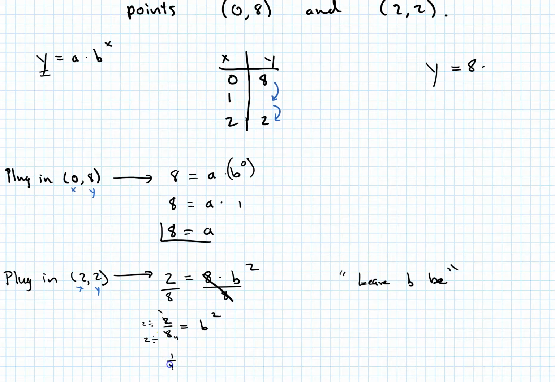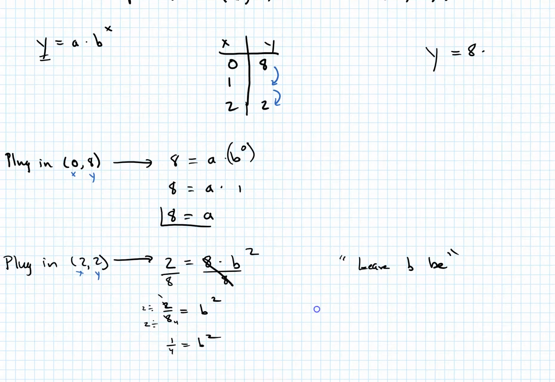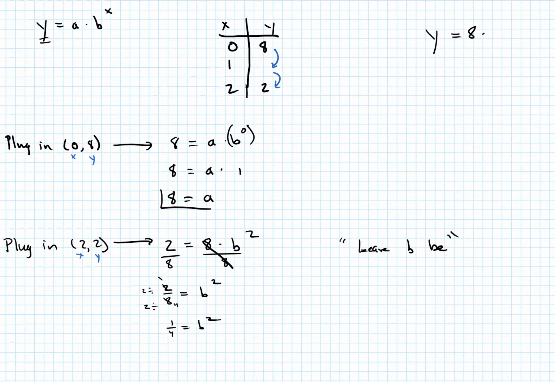So we have 1 over 4 equals b squared. Alright, at this point, in order to get rid of the square and just get b alone, take the square root of each side. Square and square root are going to cancel, leaving just b.